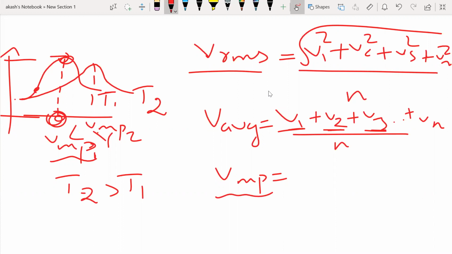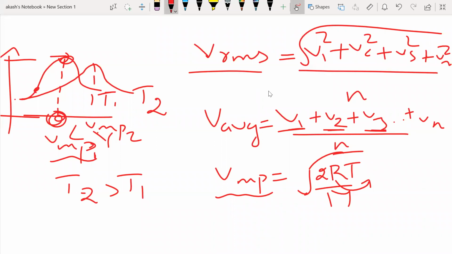So MP, that is your most probable velocity, is root of, and hopefully I'm correct, root of 2RT by M. R should be 8.314, because I'm using velocity in SI units.